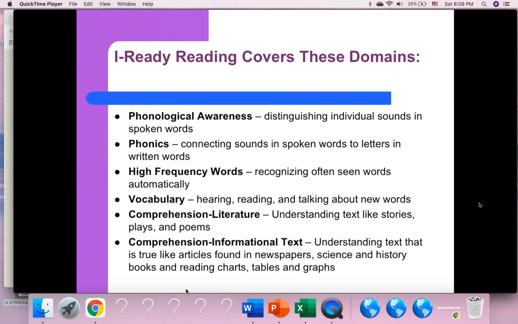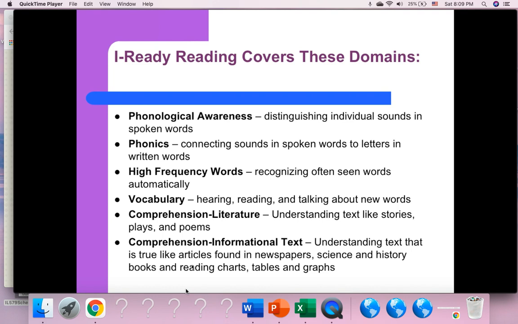Then we get into the more challenging parts of comprehension and reading, and that is vocabulary, comprehension literature, and comprehension informational text. And we all know vocabulary means hearing and understanding and knowing words and the meanings of words and using them in sentences. Comprehension literature has to do with reading books like stories, plays, poems, comic books.